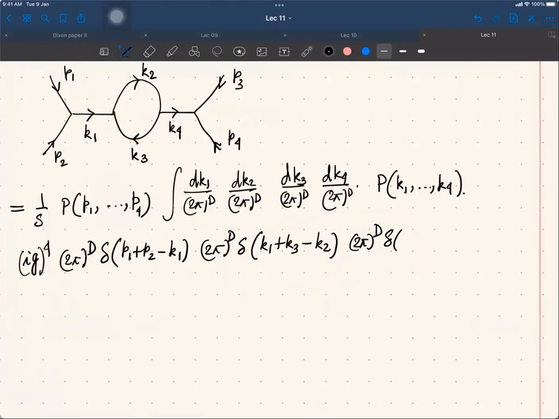For the third vertex, K2 incoming, K3 and K4 outgoing. And the last vertex, the fourth vertex, we have K4 and P3 and P4 incoming. All of them are incoming. So K4 plus P3 plus P4.